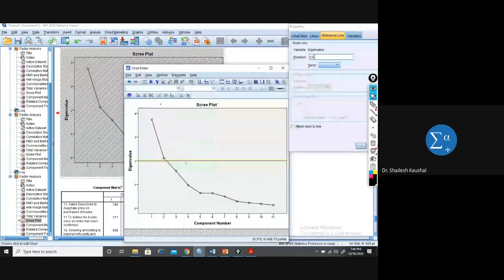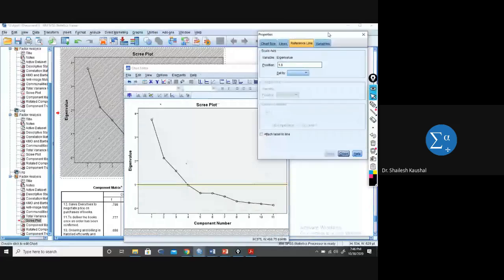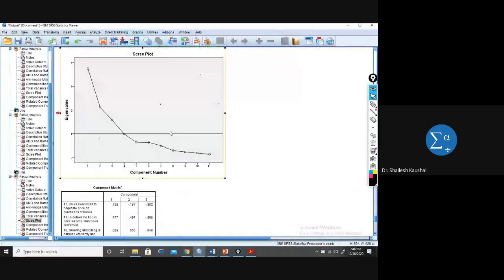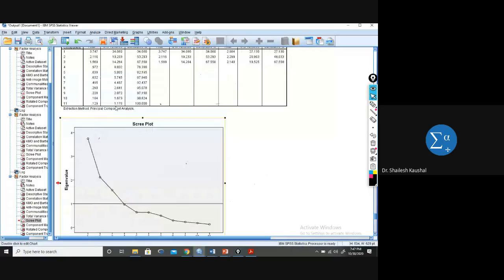Here I am changing the value, I need 1, then 1, okay, and then apply. After apply, you can see only the 3 factors, 1, 2, 3.